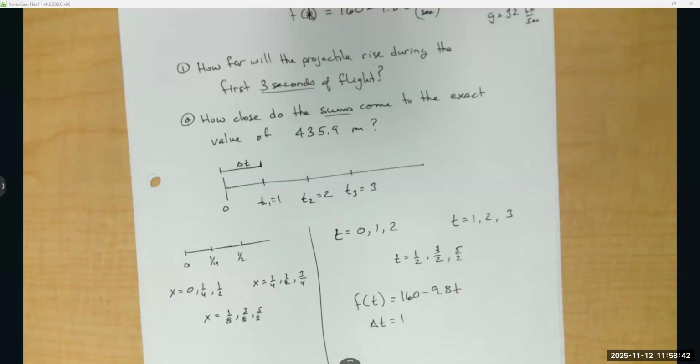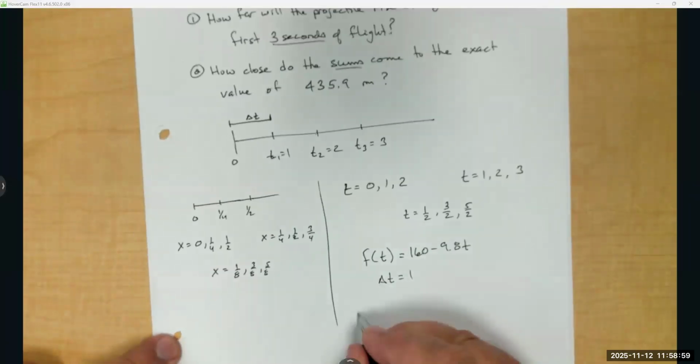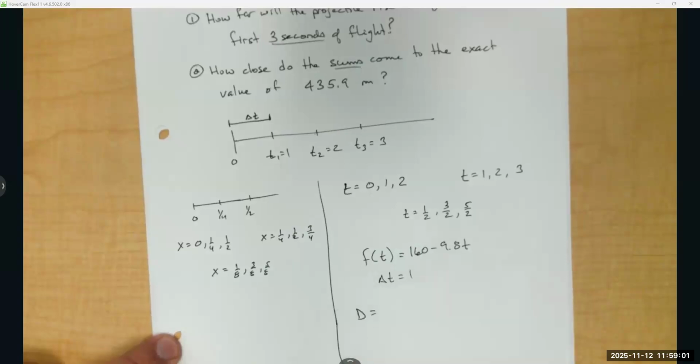Okay, so I'll tell you what, everybody in this room, pick a different t value to do. You only have to do 3 of these, so use your calculators. I want to know the complete distance this object travels.